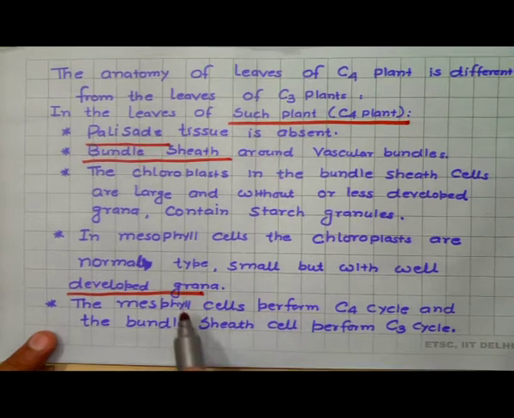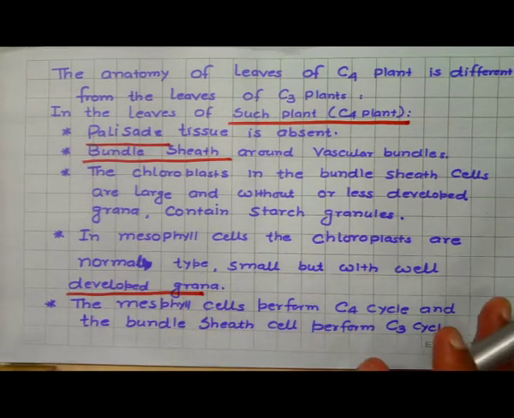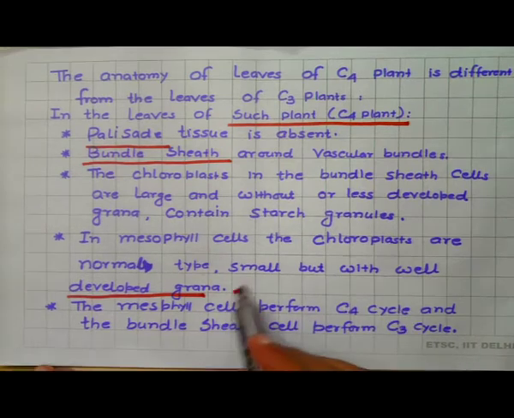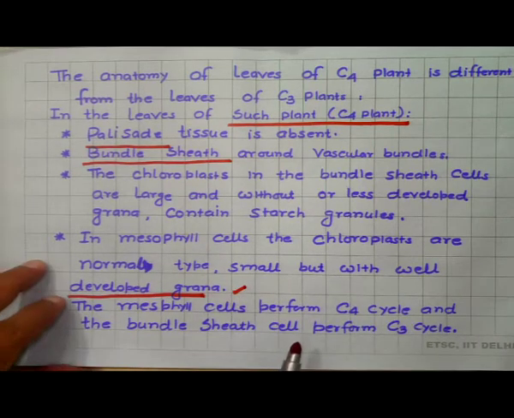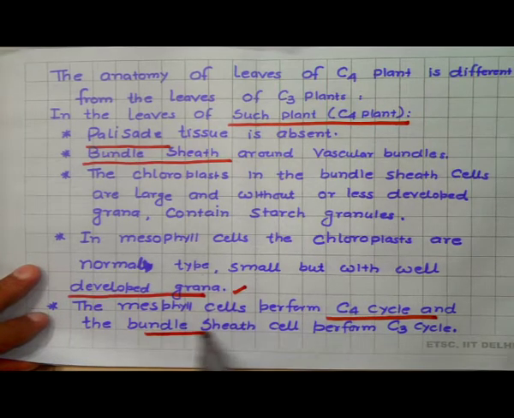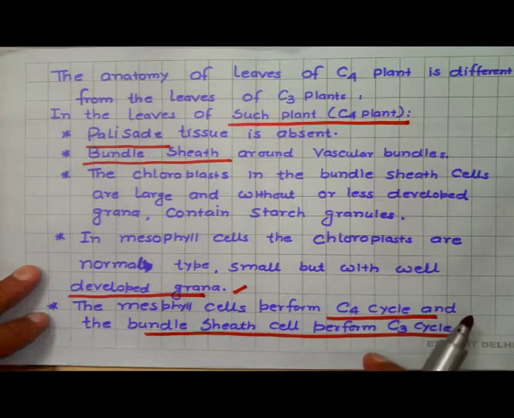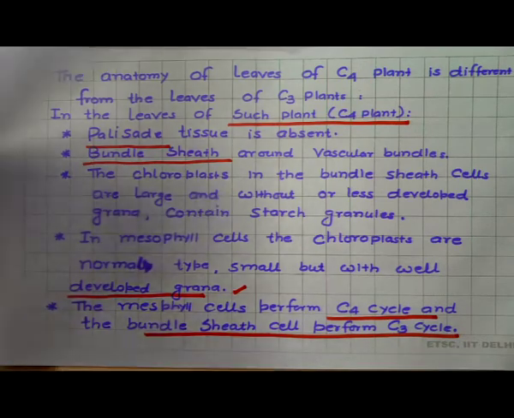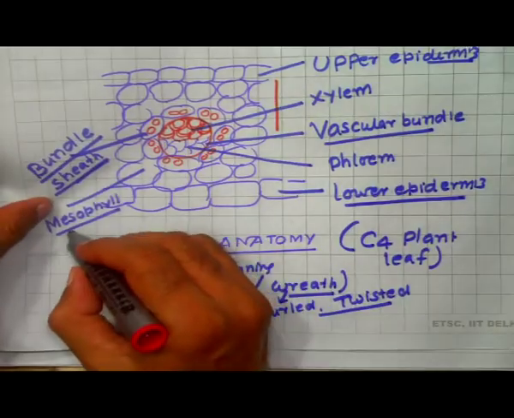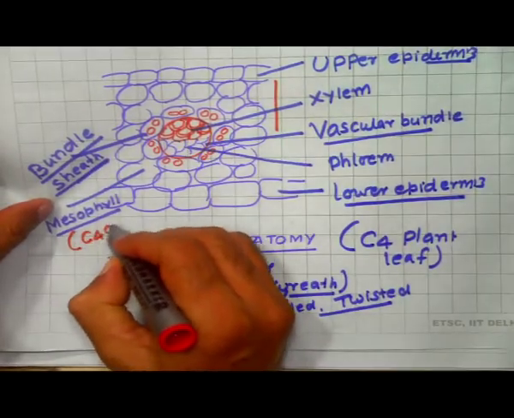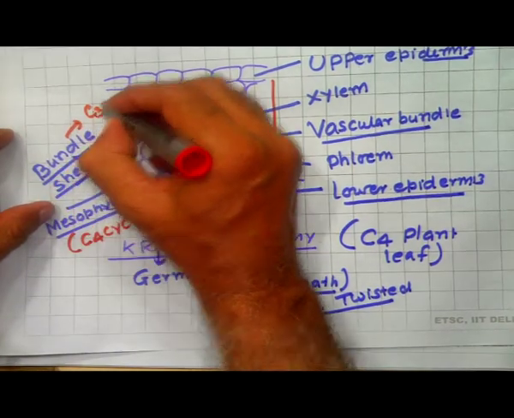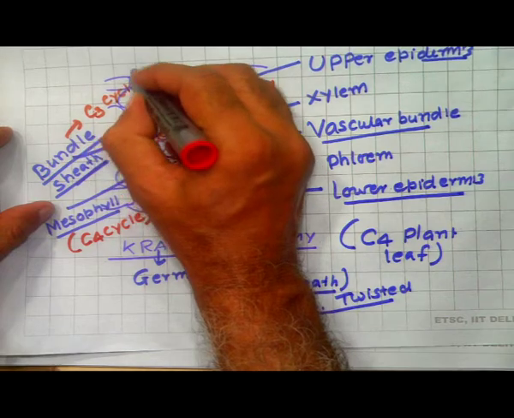Here the basic difference is the mesophyll cell have chloroplast normal type, small but well developed grana are there. In mesophyll cell, C4 cycle is performed, and in bundle sheath C3 cycle is performed. So, in mesophyll cell mainly C4 cycle and in bundle sheath cell mainly C3 cycle is performed.